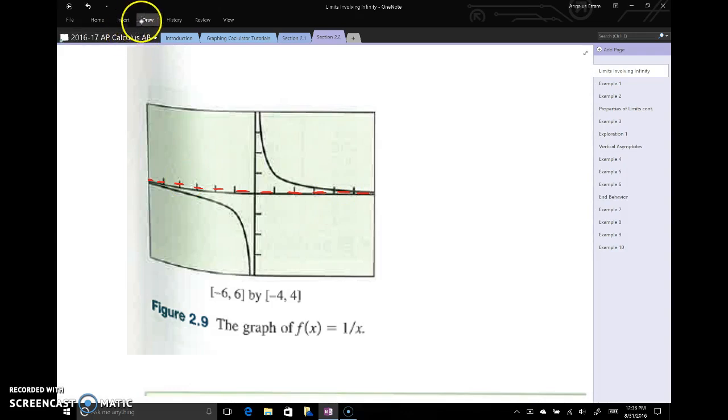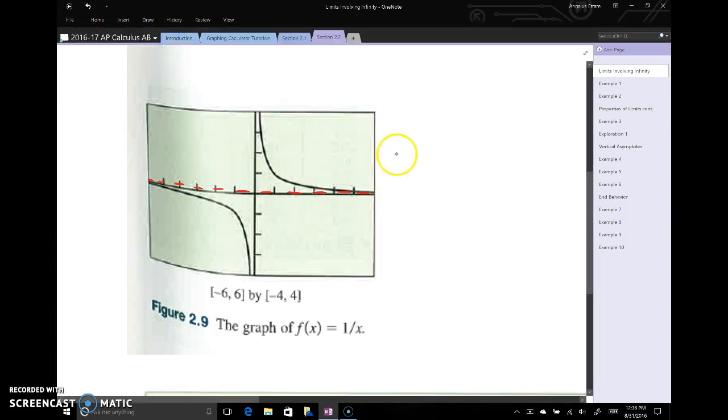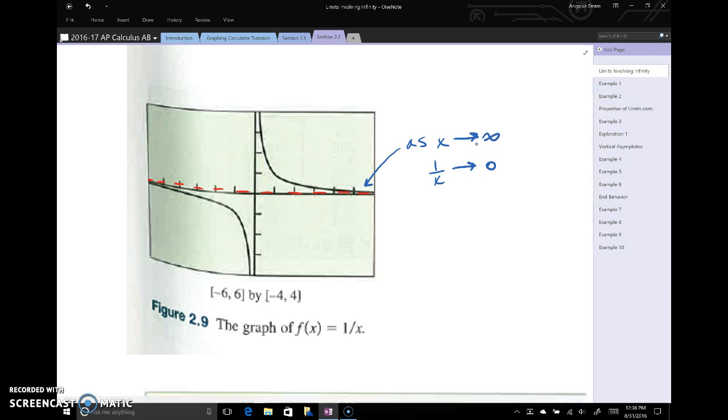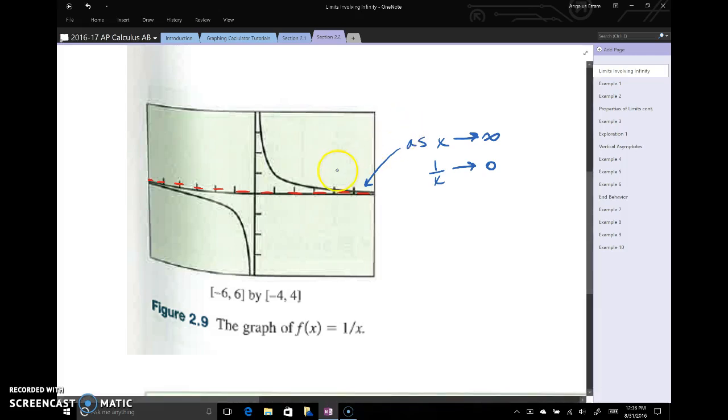The way that we would actually write this with calculus is we would say, as x approaches infinity, 1 over x approaches 0. Notice we don't use an equal sign. We use an arrow that means the word approaches. So as x approaches infinity, meaning as x gets very large, the function takes on a value that's very small.